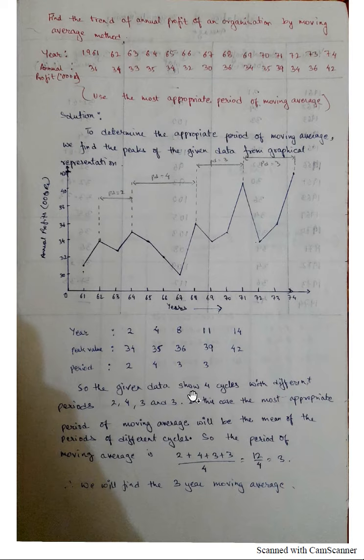So the given data shows 4 cycles with different periods 2, 4, 3 and 3. So there are 4 cycles, 1, 2, 3 and 4. From one peak to another peak, one cycle. From one peak to another peak, second cycle.